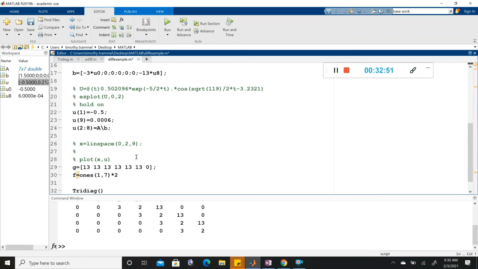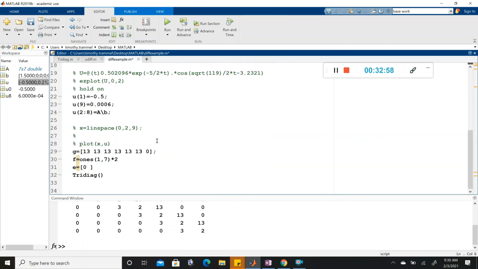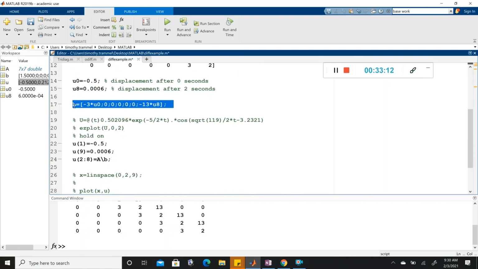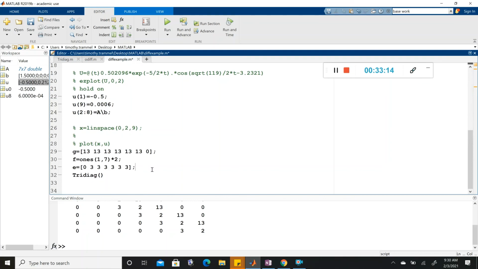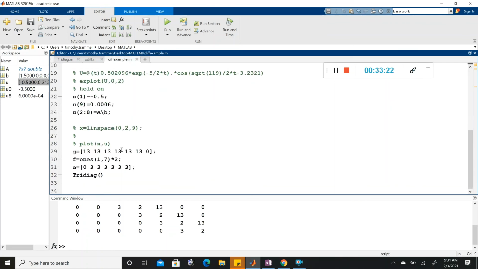And then the last one is E, the lower diagonal, which we know starts off with a 0 and then should be a bunch of 3s. 6 3s to be specific. There we go. We already have the vector B in here, so we don't need anything extra there. And let's just look at the order that tridiag wanted: E, F, G, R. So E, F, G, and R is B.